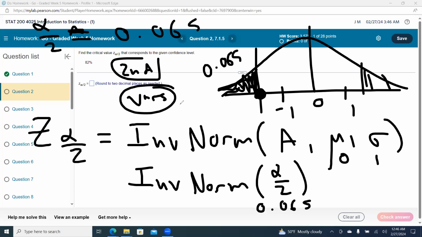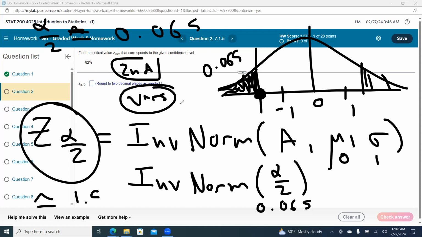0.065. And then the z, alpha over 2, is approximately what? Usually 2 decimal places, they agree. So 1.51.